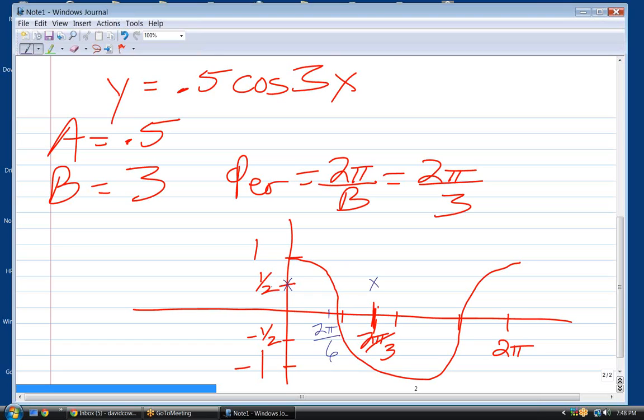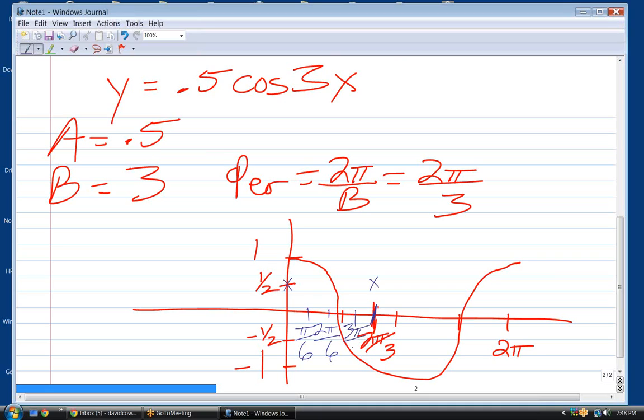And I've got to divide this thing into fourths, so I got to split that in half and split that in half. So this quarter point is what? That'll be pi over 6. And this 3/4 point is what? 3 pi over 6.